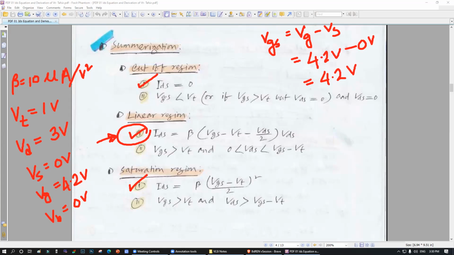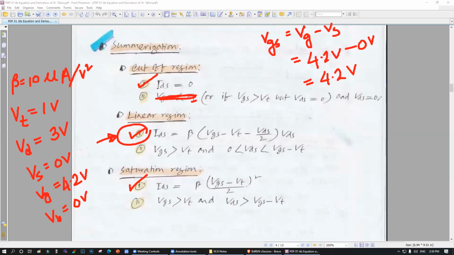Now let's write VGS is equal to 4.2. What is the voltage of VT? 1 volt, right? Now 4.2 is less than 1 or greater than 1? Greater than, sir. So this is not the case, right?